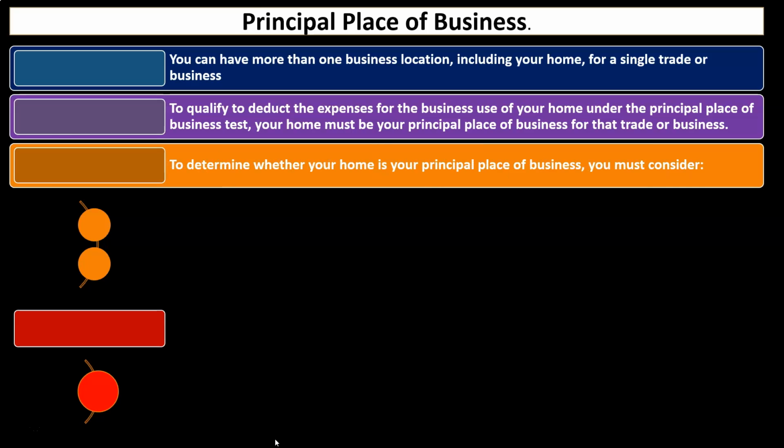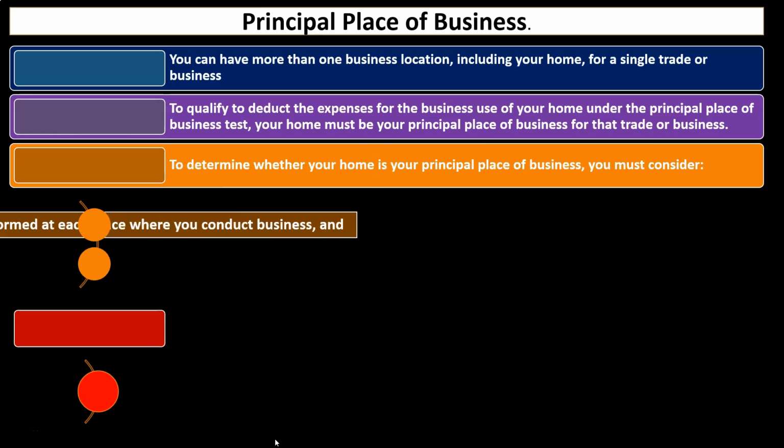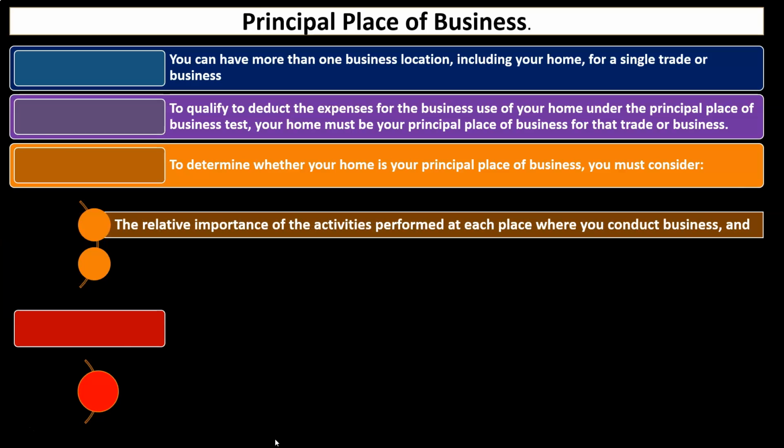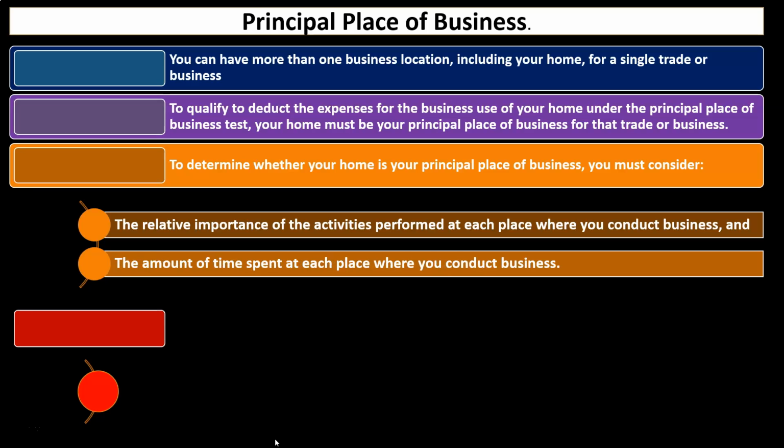To determine whether your home is your principal place of business, you must consider the relative importance of the activities performed at each place where you conduct business, and the amount of time spent at each place where you conduct business. So you're thinking about, if you have the home office, where is most of my business being done in terms of time allocation, and where are the most important components of the business work being done.